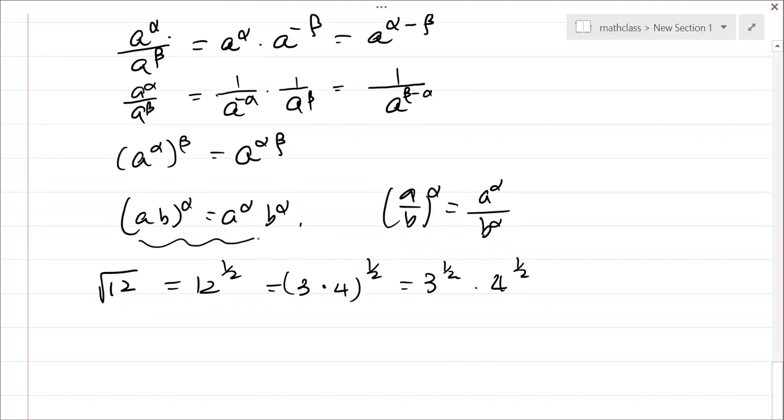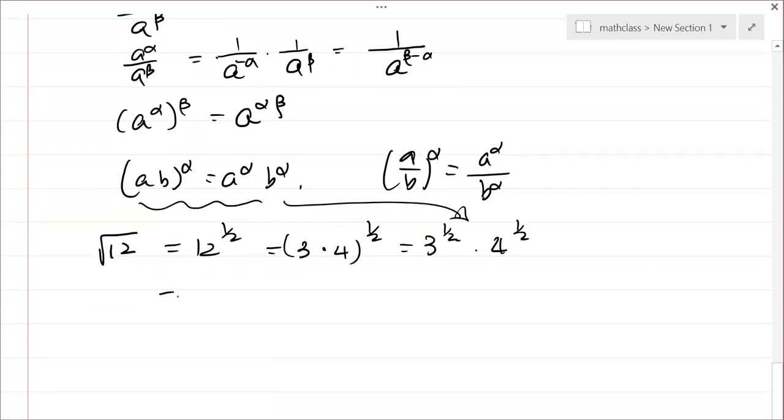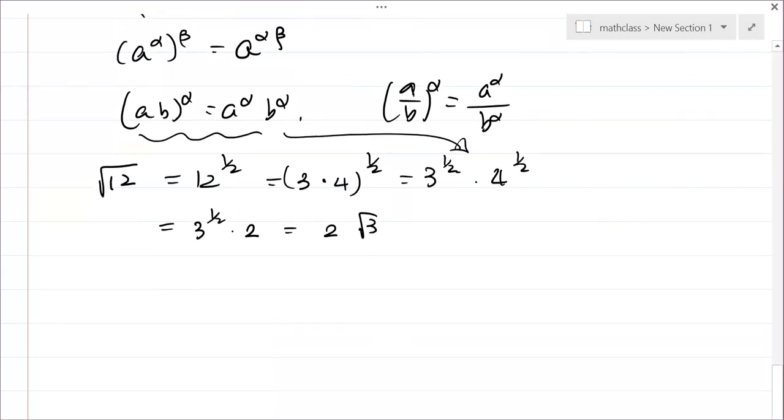We use this formula here. Then 3 to the 1/2 times 4 to the 1/2. The square root of 4 is going to be 2, so it's 2 times the square root of 3. It takes too much time, but that's how we get that step by step.